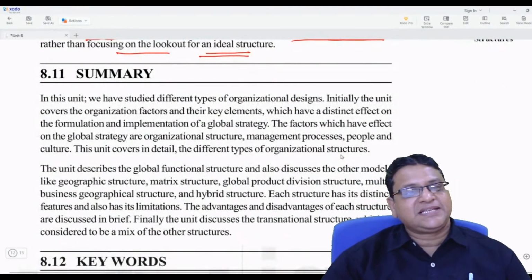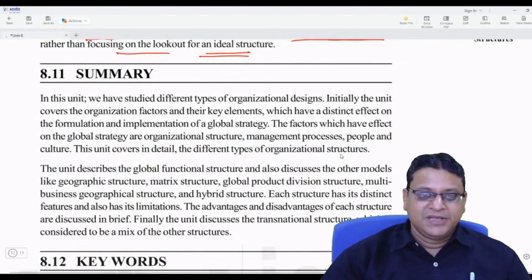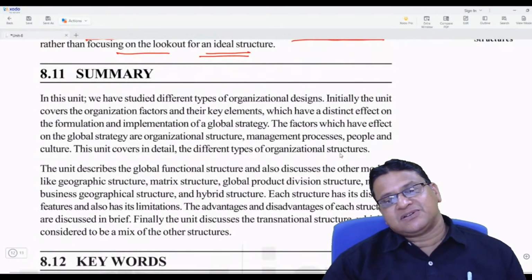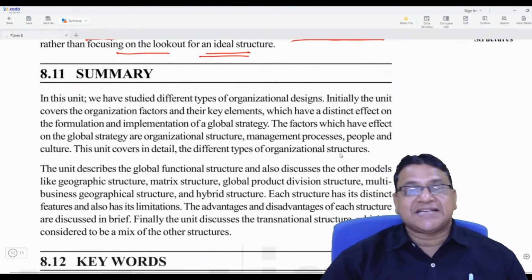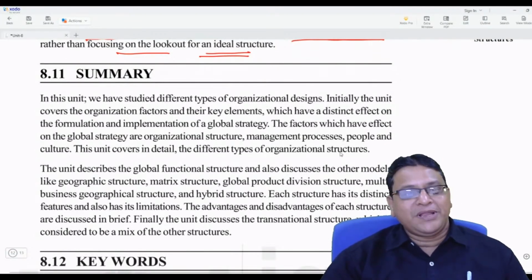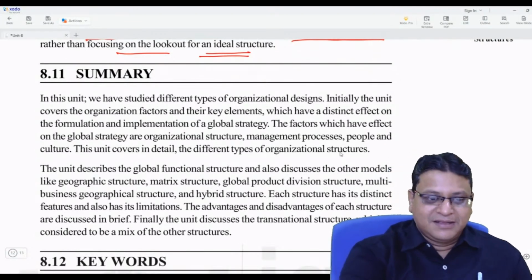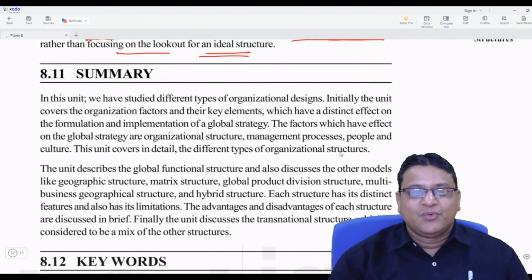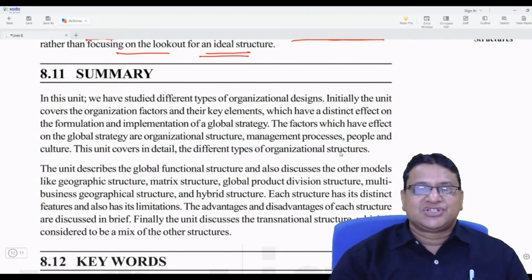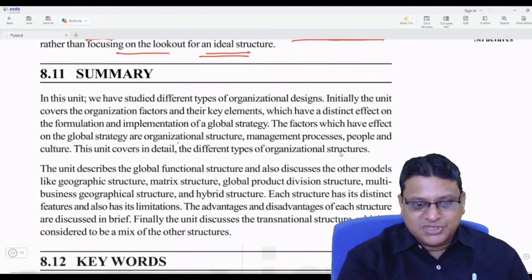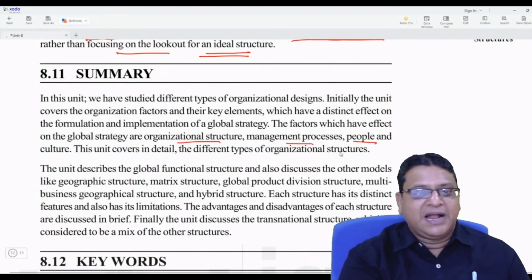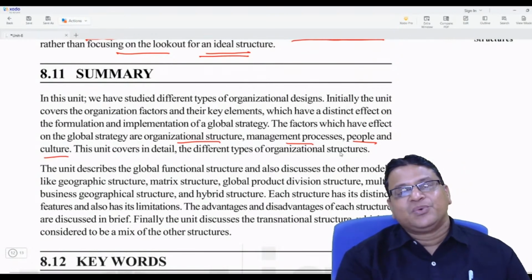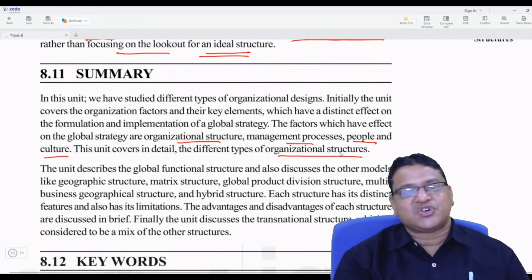So let me summarize our discussion today. In today's class, we discussed organizational design. There are four important pillars of organizational design: organizational structure, management process, people and culture, out of which we have discussed organizational structure.